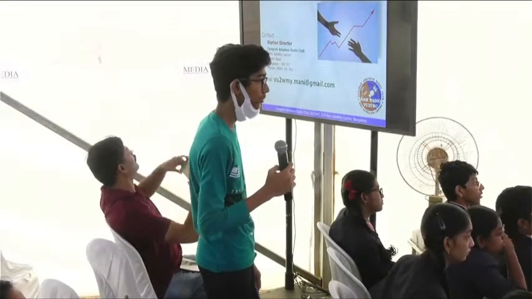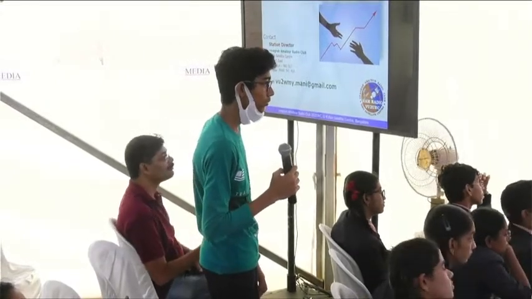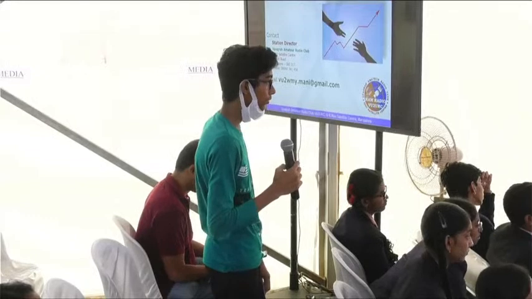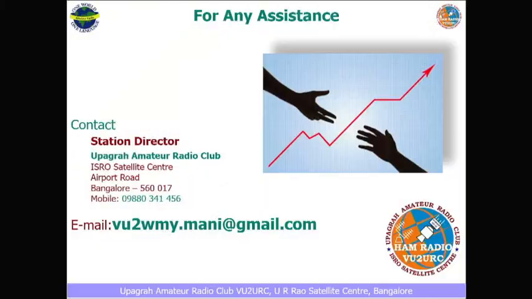Just online you can track. Then there is AMSAT UK, amsat.uk. There you will get the catalog and frequency details of all. And if you want to get in touch with us, this is the slide you can make use of.